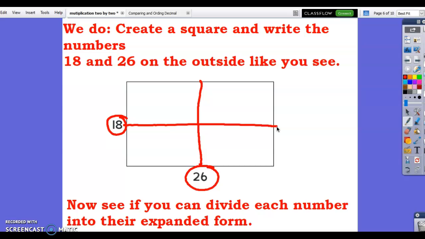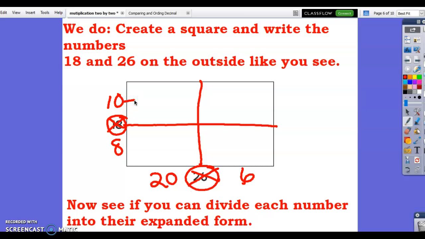Now you have 18. We're going to separate it into 10 and 8. And your 26 is separated into 20 and 6. And again, you're going to be multiplying each one of these values, lining them up.